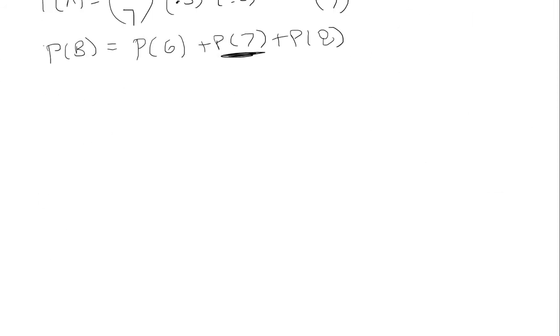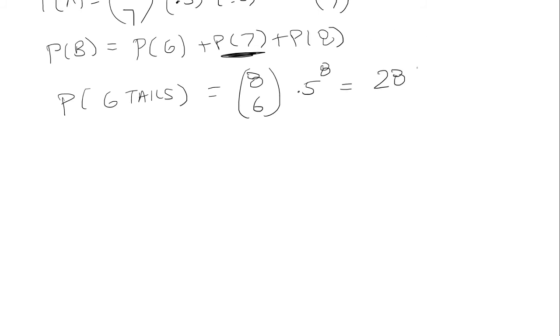So the probability of getting 6 tails is 8 choose 6. And because they're equally likely probabilities, I could do 0.5 to the 6, 0.5 squared, which is really 0.5 to the 8th. And for this one, 8 choose 6 is the same thing as 8 choose 2. So that is 28. That is 0.5 to the 8th.